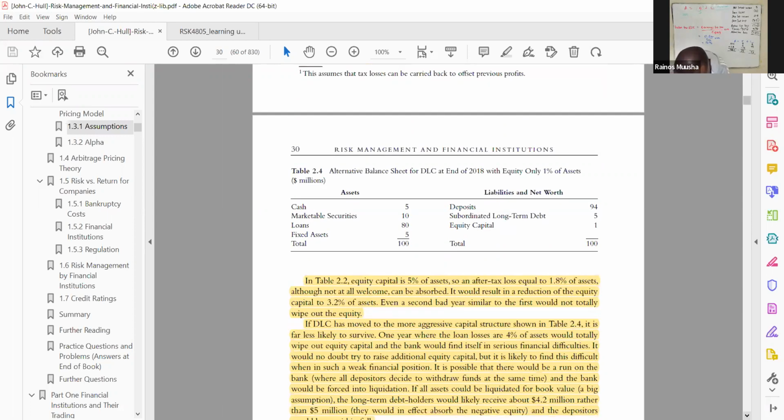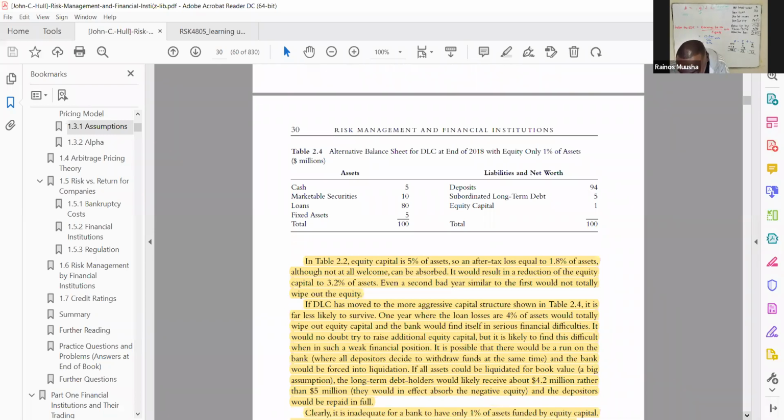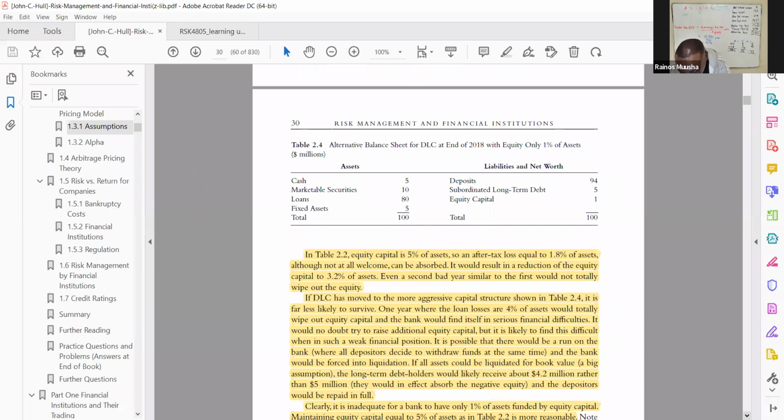Then if DLC has moved to the more aggressive capital structure shown in table 2.4, it is far less likely to survive. One year where the losses are 4% of assets would totally wipe out the equity capital, and the bank would find itself in serious financial difficulties.